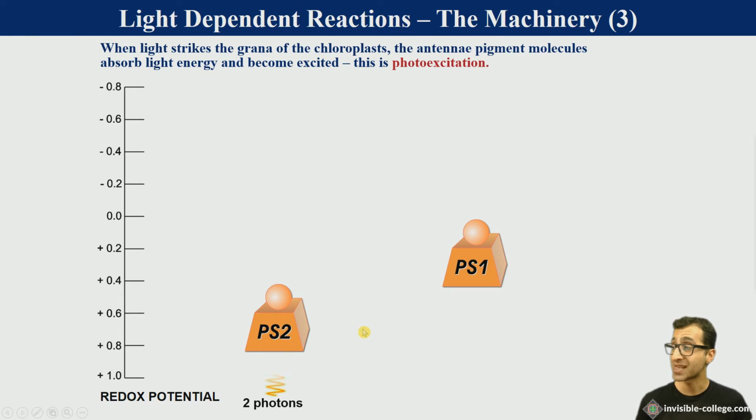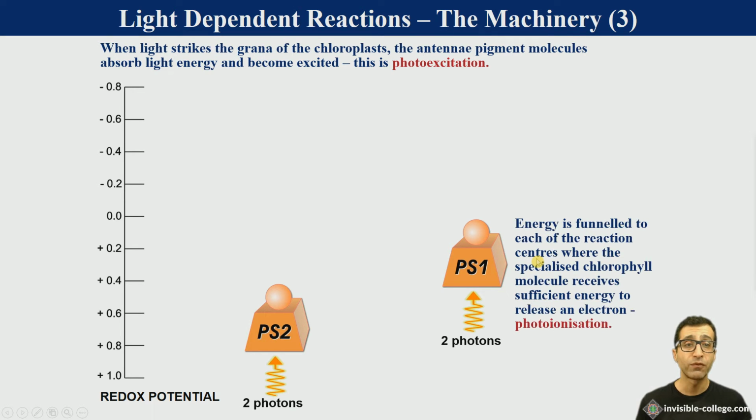That's in fact what's happening within the pigment molecules found in these photosystems: the electrons within these pigments absorb photons. So energy is funneled, as we saw before, to each of the reaction centers, where the chlorophyll molecule in that reaction center receives sufficient energy to release an electron.